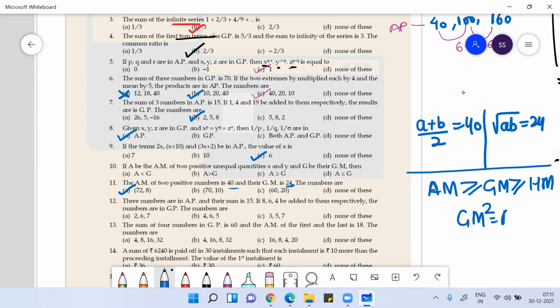The square of the geometric mean is equal to arithmetic mean into harmonic mean. I believe you studied this in statistics. Use the 12th one, use the options, you'll get the answer very easily. Same goes with the 13th one, use the options.